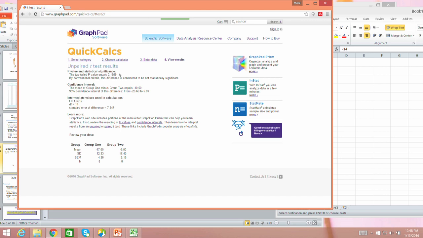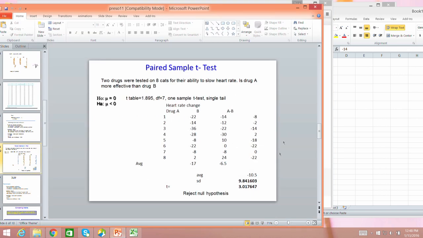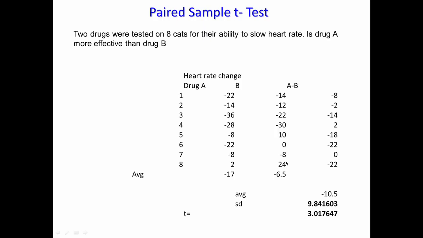So, obviously the p is not significant at 95%. So, there is no reason for you to reject the null hypothesis. So, you noticed this paired sample t-test is very powerful because it can see small differences unlike the 2 sample t-test.